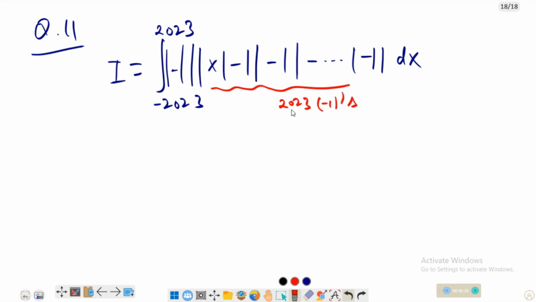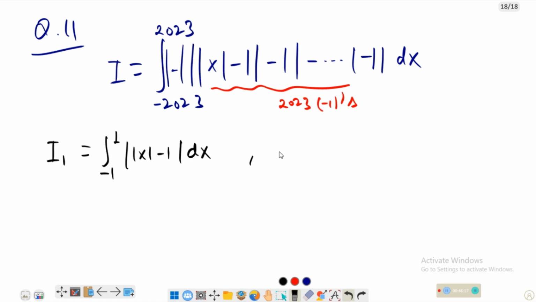So how do we calculate this integral? There are two methods, via pattern. First I approach via pattern. Let us suppose like I1 is equal to the integral from minus 1 to 1 of mod x minus 1 mod dx.